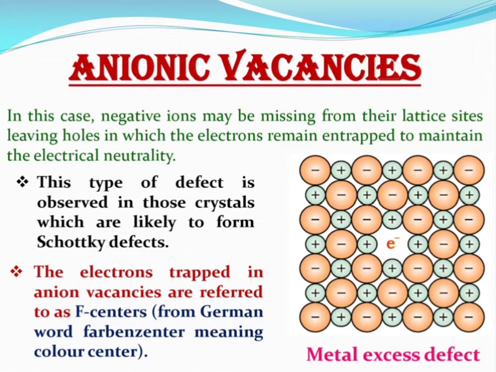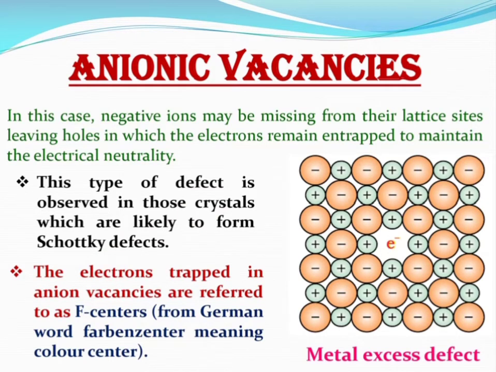In the process, there is loss of electrons by sodium atoms to form Na+ ions. The electrons thus produced by the ionization of the sodium atoms diffuse into the crystal and get trapped at the anion vacancies. The electrons trapped in anion vacancies are referred to as F centers.